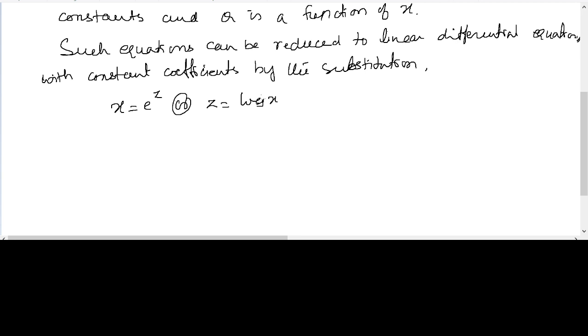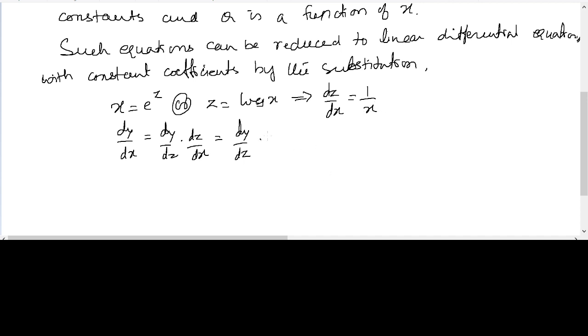So what we do here is change the independent variable x to some other variable z. Thereby we take dy by dx. Let us see how to write dy by dx in terms of z. So we write it as dy by dz into dz by dx. What is the value of dz by dx? We get 1 by x.